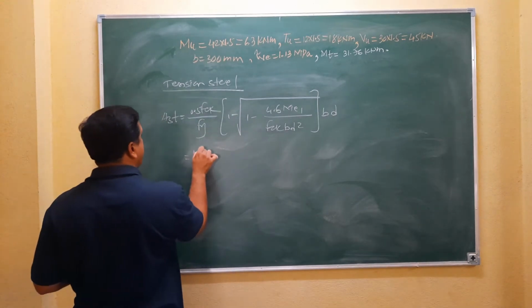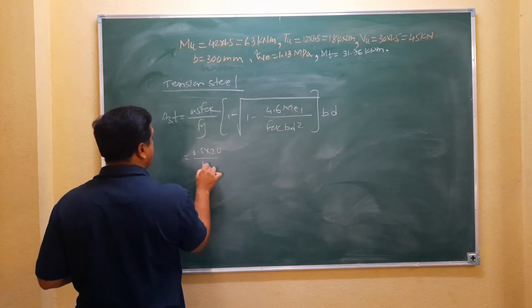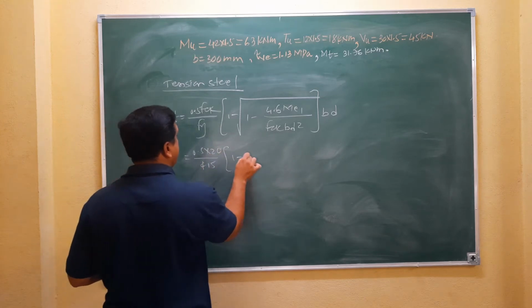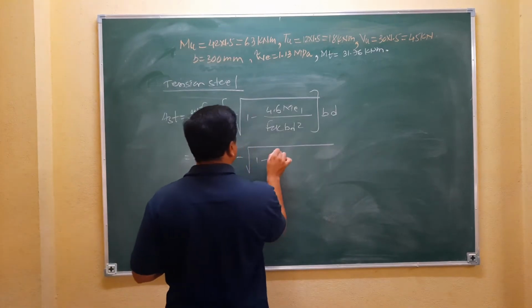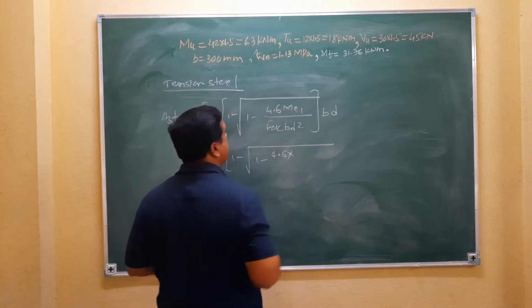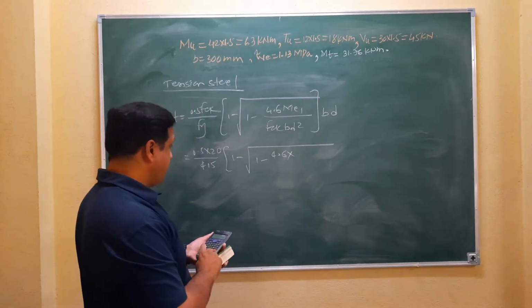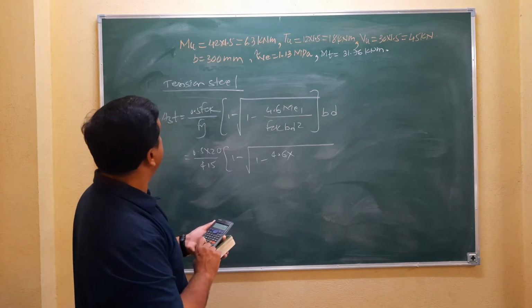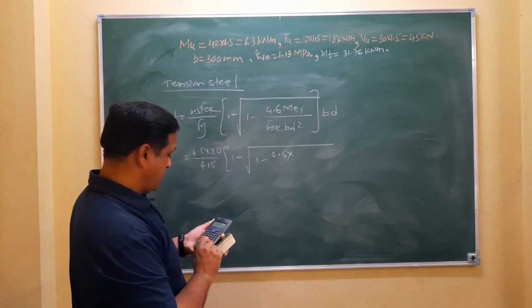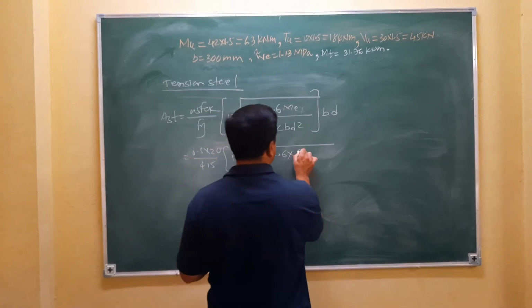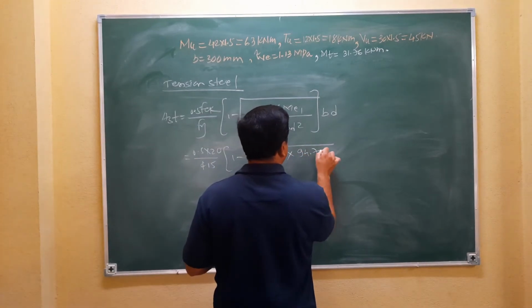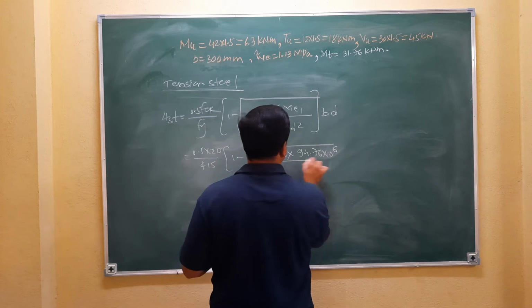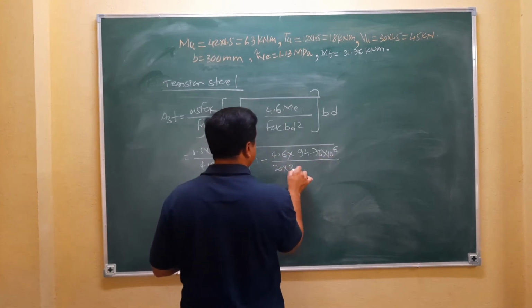But we need the value of ME1. 0.5 FCK is 20. FY is 415. 1 minus under root of 1 minus 4.6 ME1. What is the ME1? ME1 is 31.76 plus MU is 63. It is 94.76. 94.76 into 10 raised to 6 divided by FCK is 20.